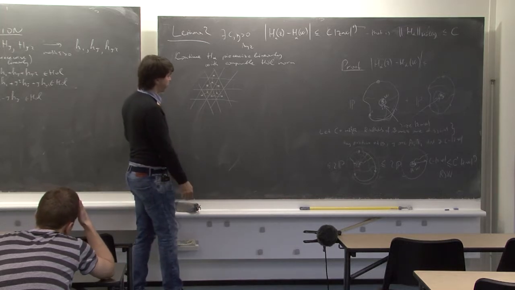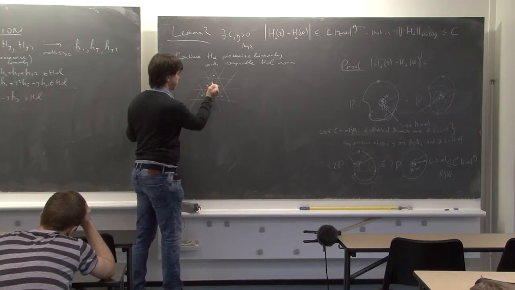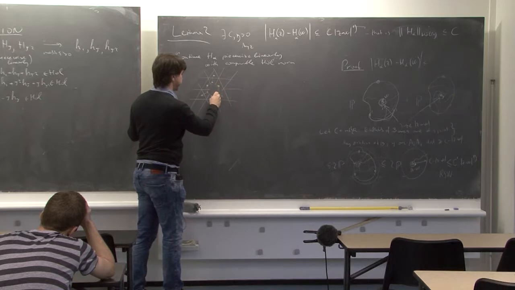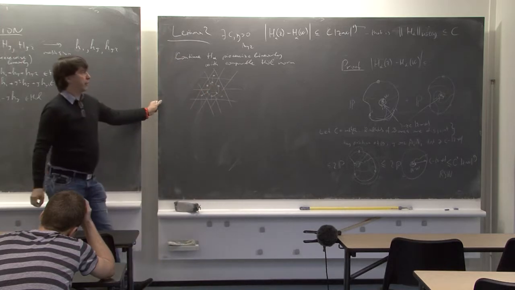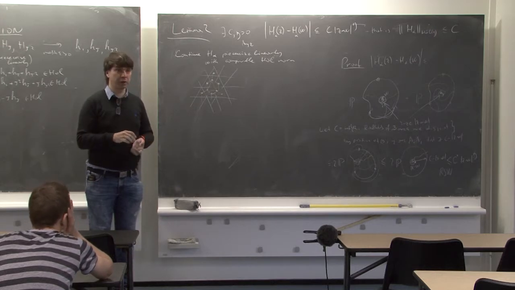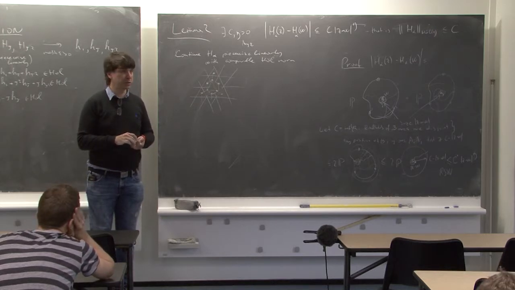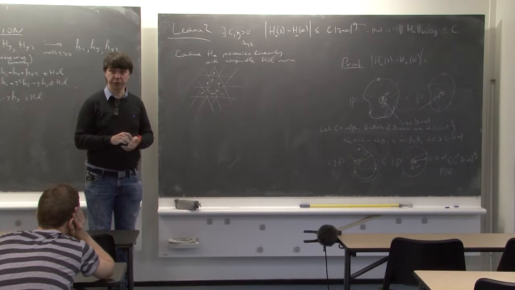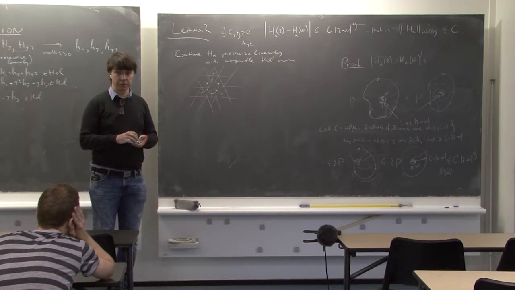Or we can use some more regular way to split into triangles: we draw this hexagonal lattice, and then for each hexagon we do like this. And then if we continue it linearly, the Hölder norm changes by no more than a factor of 2. This is actually a theorem of Whitney.